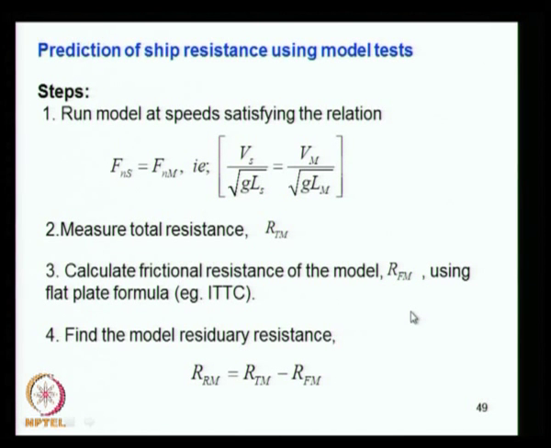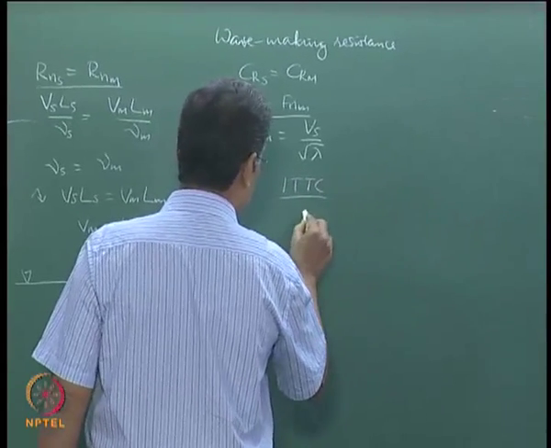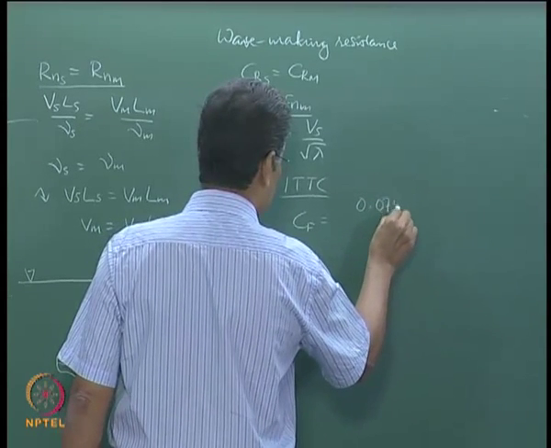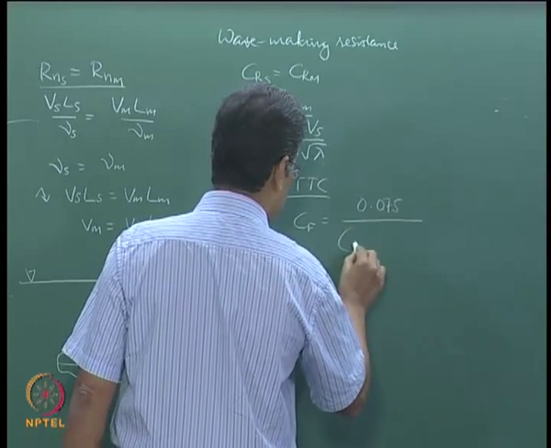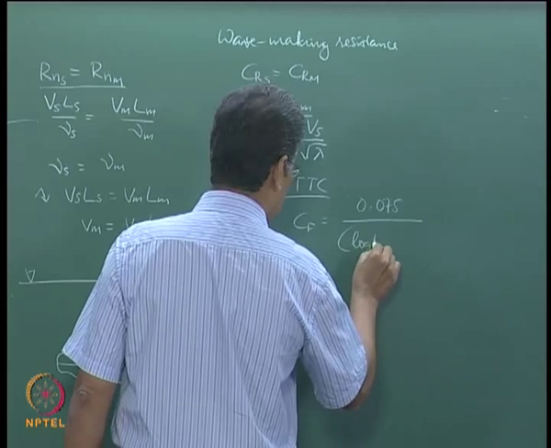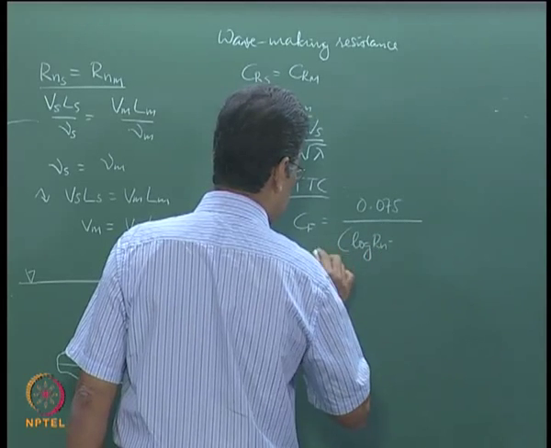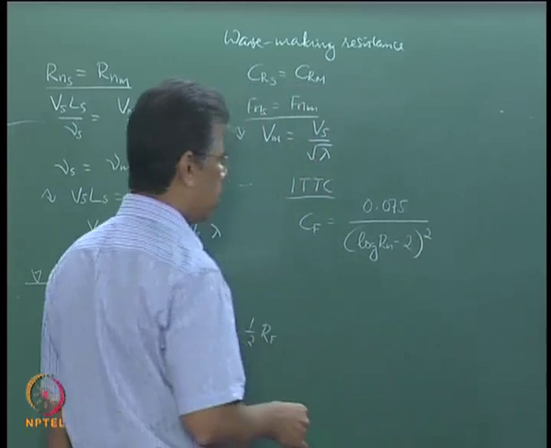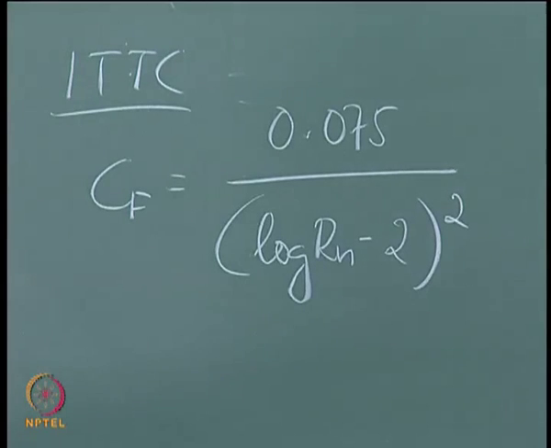So we know the ITTC formula, which gives the Cf value. For Cf, it is given as 0.075 by log Rn minus 2 the whole square. So this is the ITTC formula for frictional resistance.